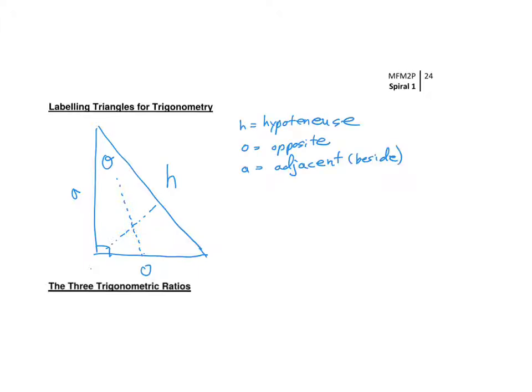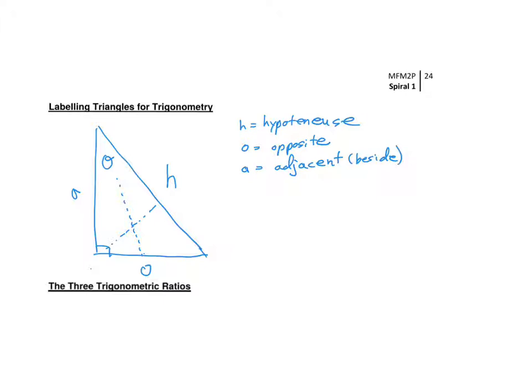Just like I said, H was for the hypotenuse, O was for the opposite, and A was for the adjacent side. So think of it as the side length beside the angle. Pause the video here and copy this note.